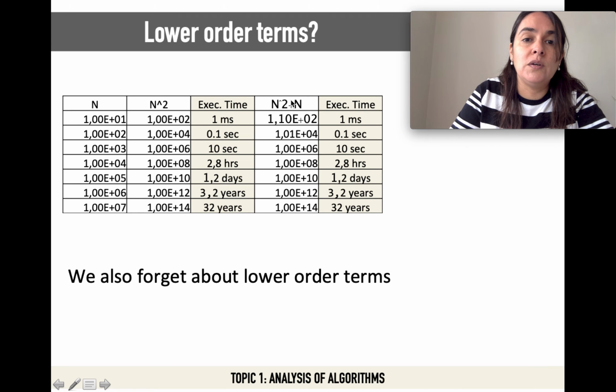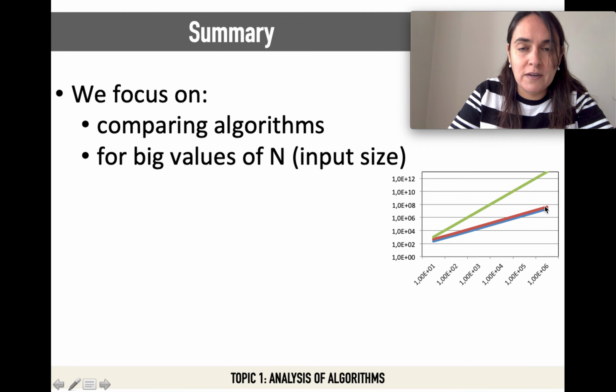And also we are comparing algorithms for big values of n, because when the input size is small, really any algorithm is going to be okay. So if you have just an array of 10, you see here n squared and n don't really make any difference. But when we really have problems is when we have big data. And in that case, we want a really fast algorithm. So if we are focusing on comparing algorithms for big values of n, then we can drop the constants and we can drop the lower order terms because we are focusing on the rate of growth.